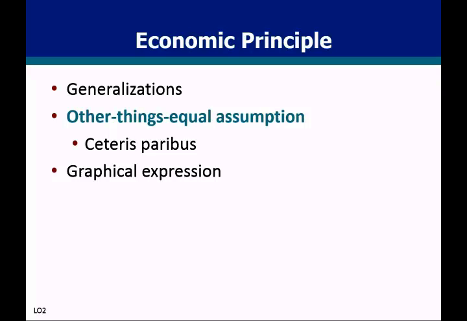If one thing happens to one variable, what's the outcome? What's the difference? What is the change? We do this with graphs. So we keep everything else constant and gray everything out.